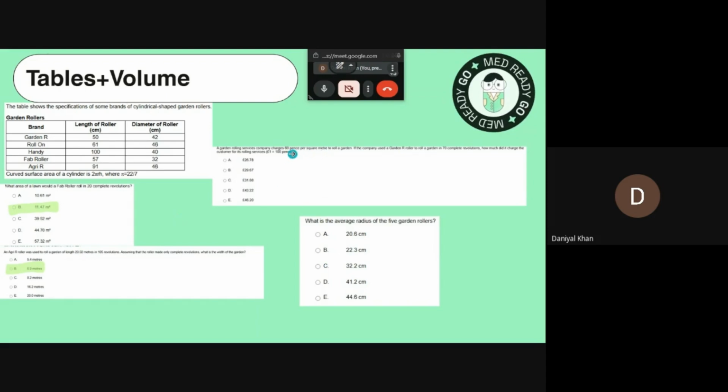So charge 69p per square meter to roll a garden. If you used garden R roller to complete 70 revolutions, how much did it charge? So first what you have to do is look at garden R and work out the area that it covers in one revolution. So once again, you do your 0.5 times your 0.42 times your 22/7, and then times that by 70 because that's the number of revolutions.